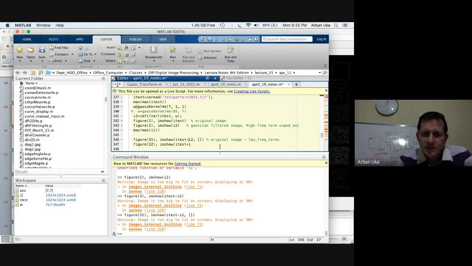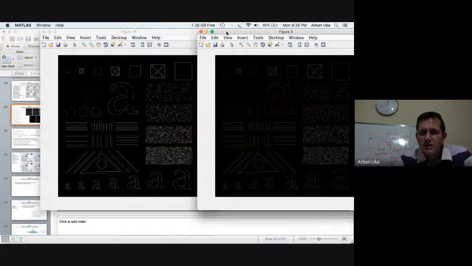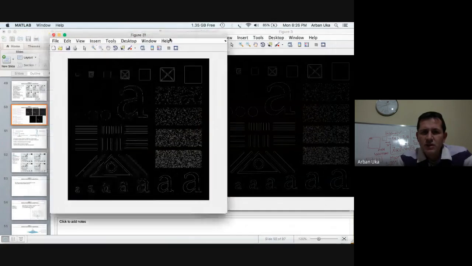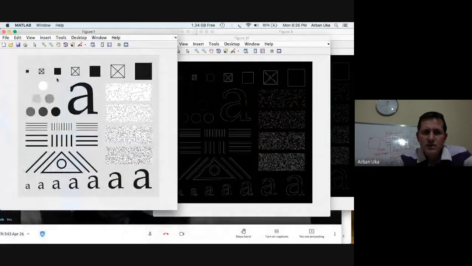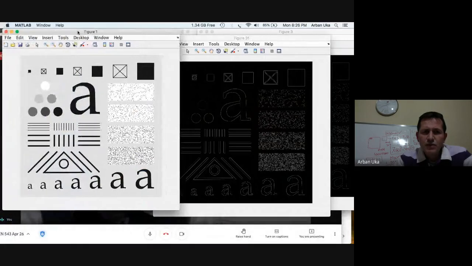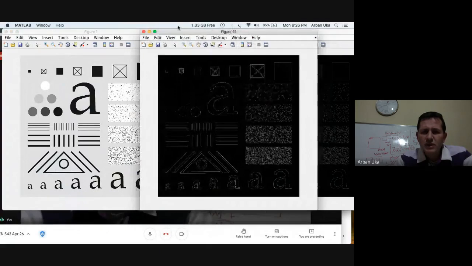Yeah, in fact, we can have I test plus the difference. If we show it here, it is much more helpful. So this is the original image, figure 1. To this image, we can add this image. We simply do mathematical addition.